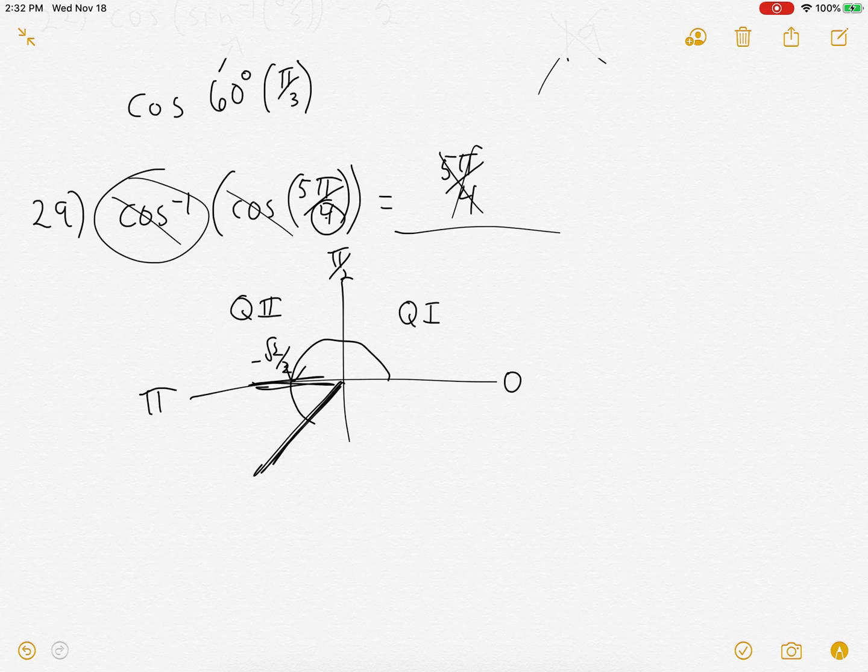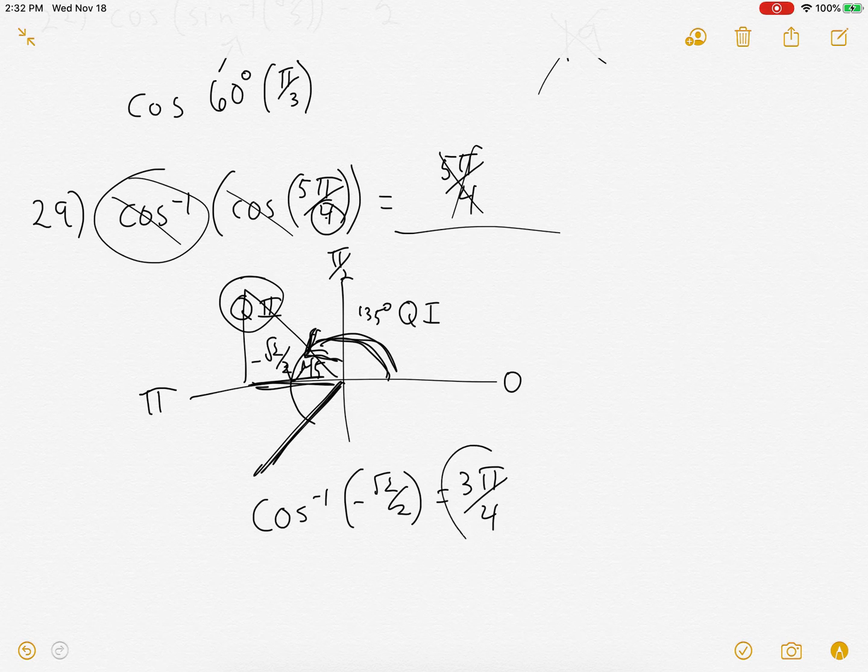Well, then we got to take the inverse cosine of that. So we're taking the inverse cosine of negative radical 2 over 2. But that would be in the second quadrant. It'd have to be in the second quadrant. And that would be 45 here. So your angle would be right there, 135 degrees, right? Which is 3 pi over 4.